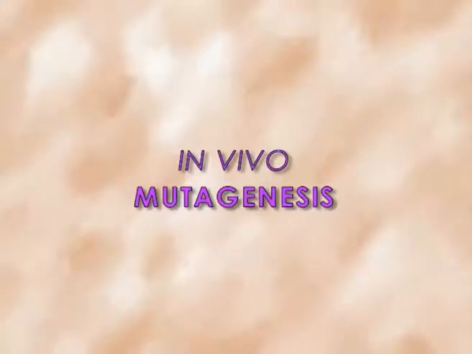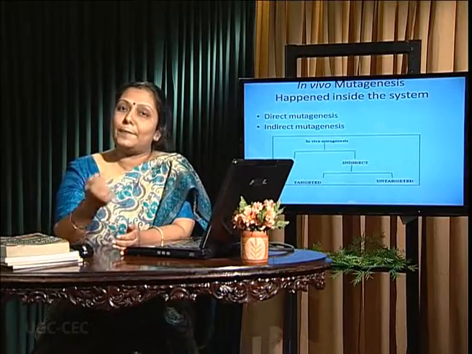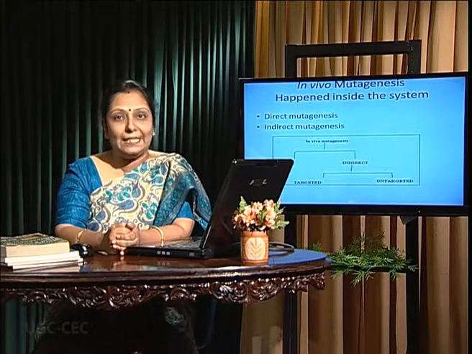Saturation mutagenesis is a type of random mutagenesis used for directed evolution. A narrow point of the gene can give rise to all possible types of mutagenesis. In vivo mutagenesis happens within the system, and may be direct or indirect.